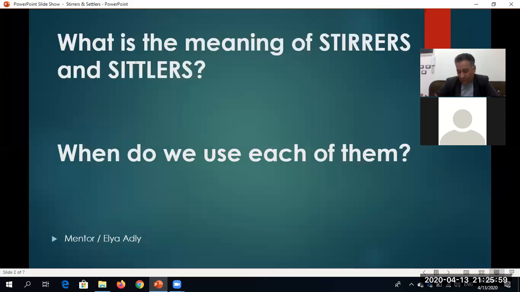Okay, Mr. Abdeldaim. Settlers are more than the stirrers. Of course, we can find that settlers' activities may be more than the stirrers' ones. Mr. Abdeldaim, do you have a comment on that?